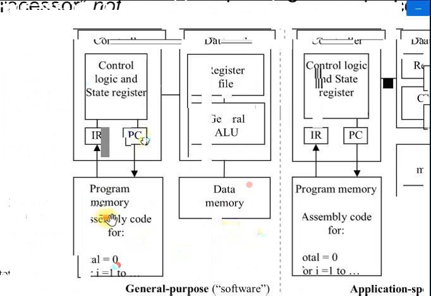Now look at this, the application specific architecture. These two are near about the same. Only this part is the same: control unit, control logic and the state register, IR, PC, program memory, these are the same thing.